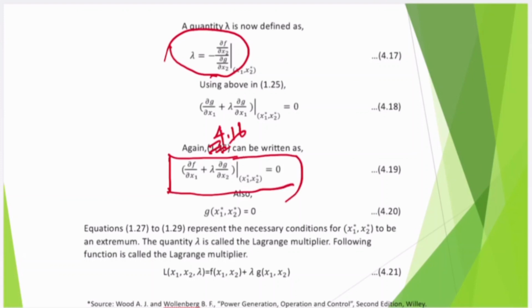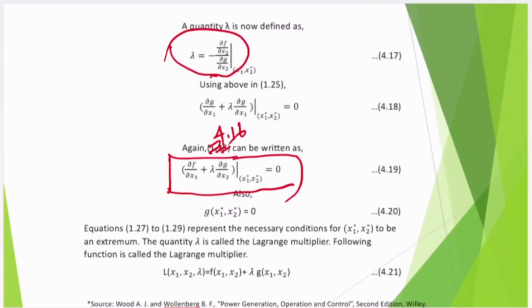So what you have to do is differentiate the objective function with respect to the x1 variable plus lambda times the constraint with respect to x2 variable, now equal to 0. Finally, one can also rewrite the overall equations as L of x1, x2, lambda.